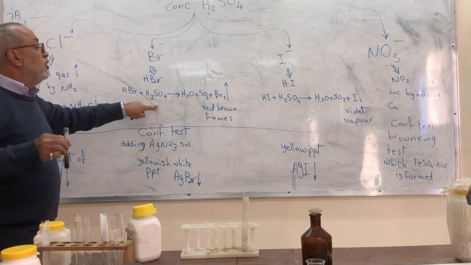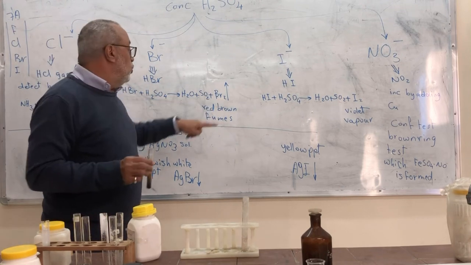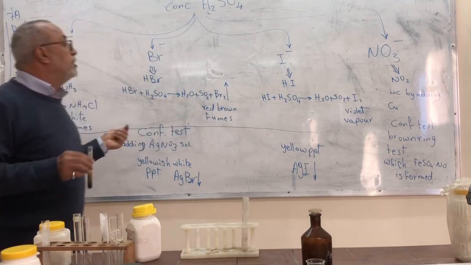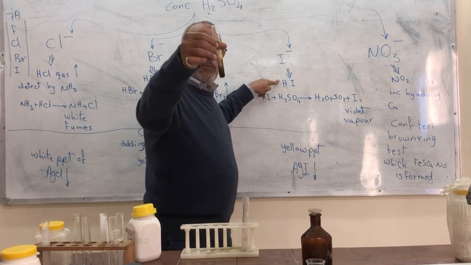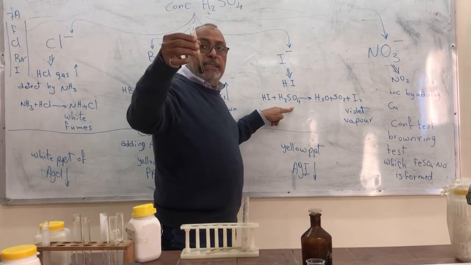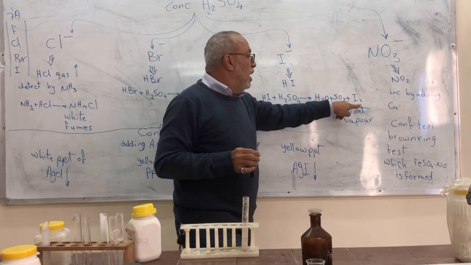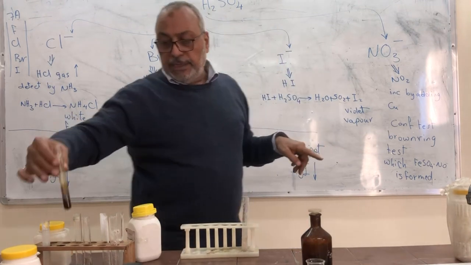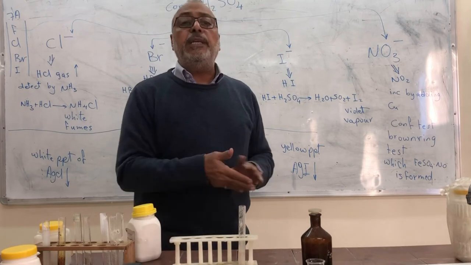H2SO4 is a strong oxidizing agent, so it forms Br2, reddish orange brown fumes. Iodide forms HI, which reacts with sulfuric acid in the tube and produces iodine with violet vapor. This is the first experiment to differentiate between them.